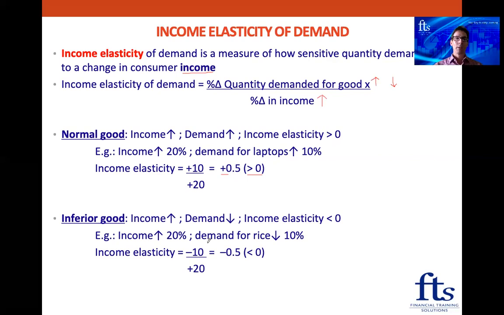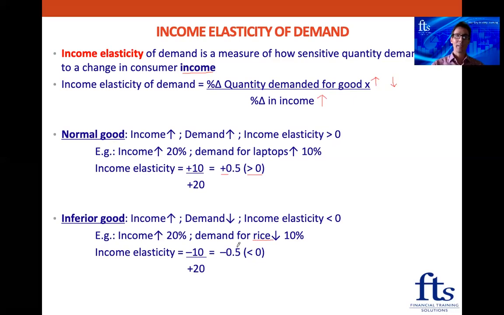Now the demand, I've picked on rice as an inferior good. So often it is considered an inferior good because there are probably more interesting foods out there than just plain rice. So in this case, if people's incomes go up 20%, then instead of buying rice, now they can go and buy something a bit more interesting to eat.